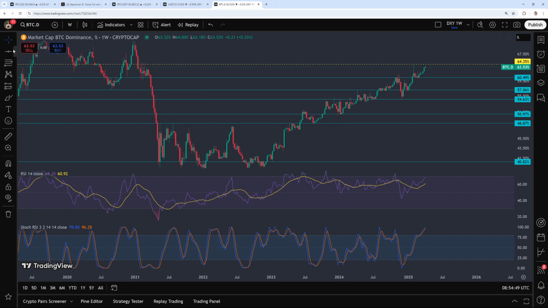But anyway, I still believe BTC dominance is just having its last leg before rolling over, at least for a bit, because if we take a look at these peaks on stock RSI, there was at least some kind of relief.